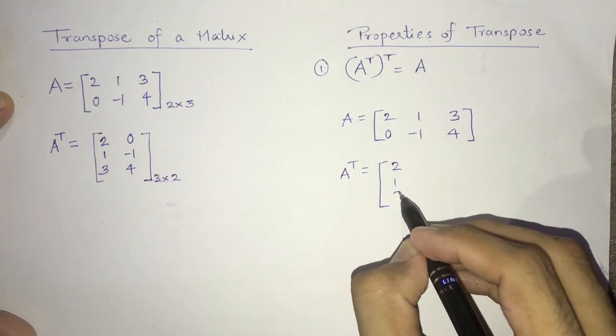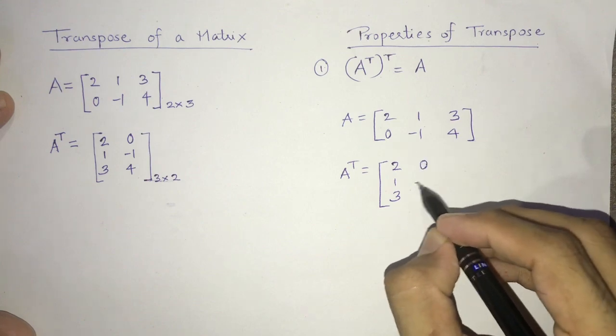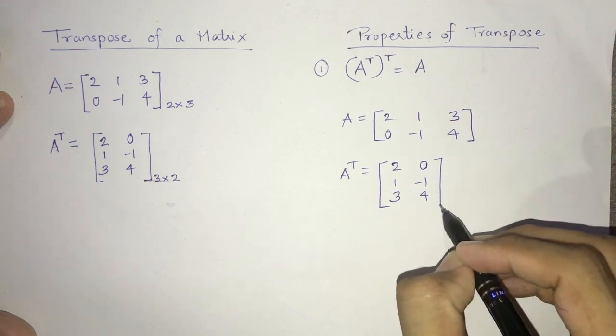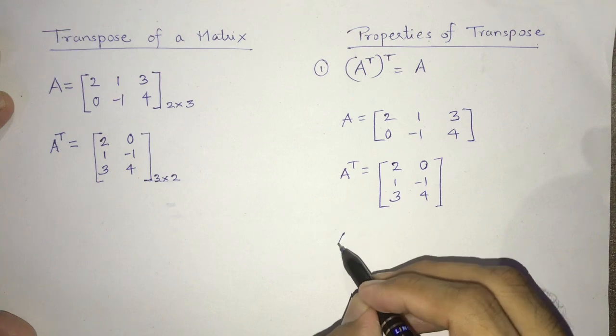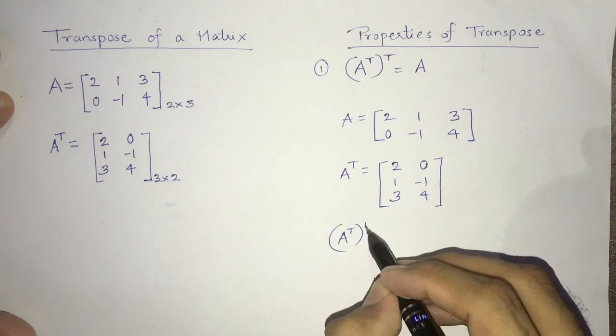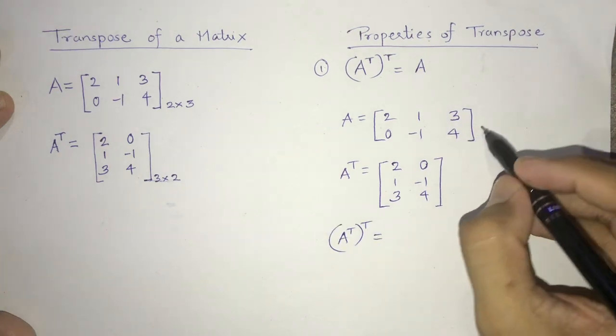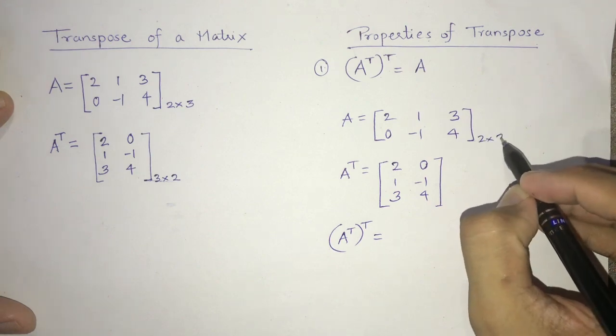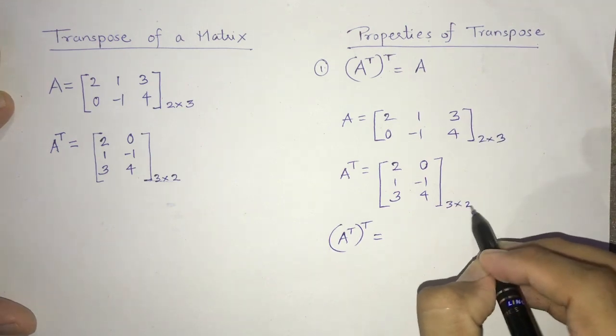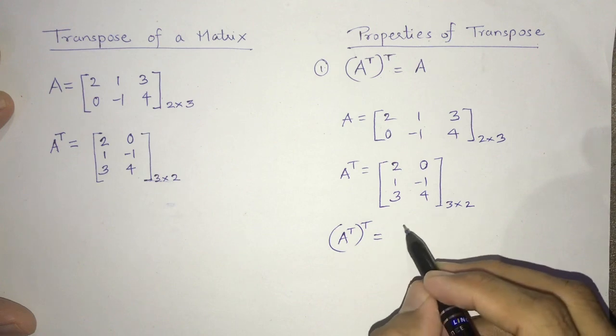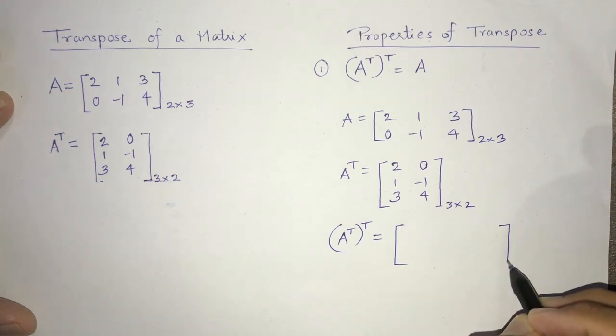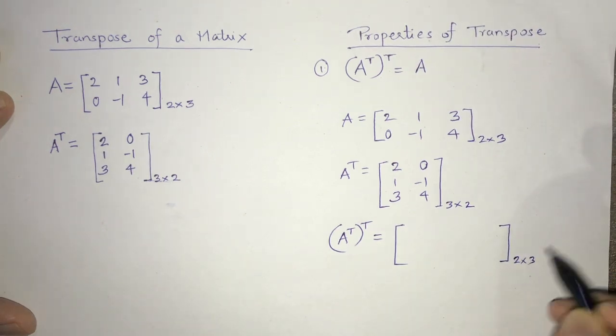First row becomes first column, second row becomes second column. When I take transpose again, this is 2 by 3 becomes 3 by 2, and when I take transpose again, what I'll get is again a matrix which is 2 by 3.